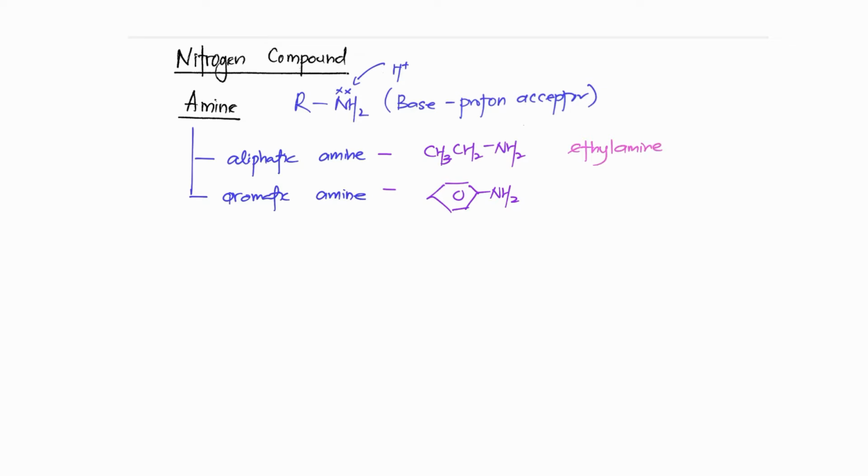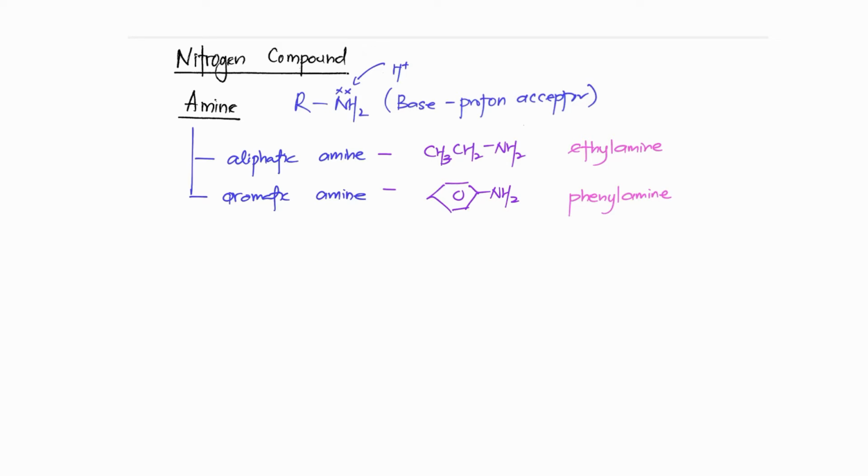So it is ethylamine. What if the NH2 is attached to a benzene ring? If benzene is a branch, we'll name it as phenyl, and end with amine. So it is phenylamine.